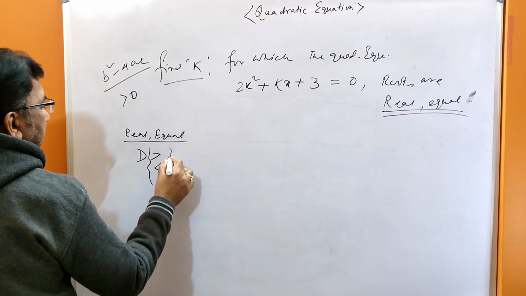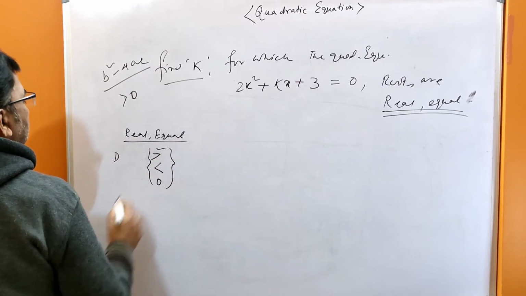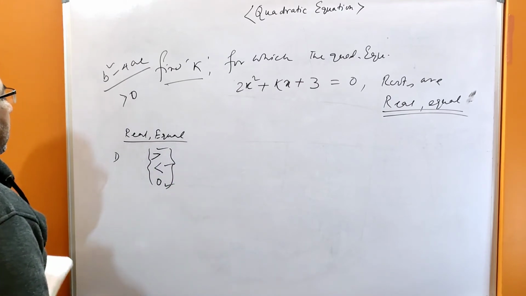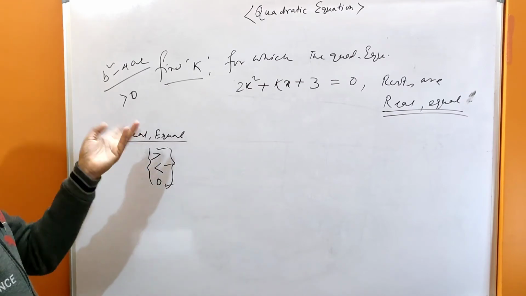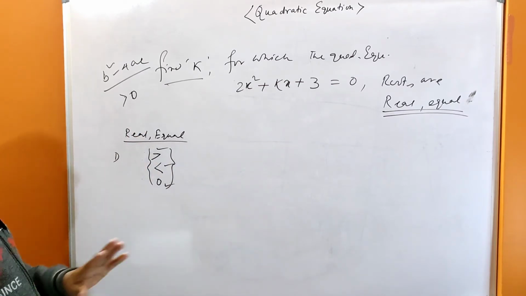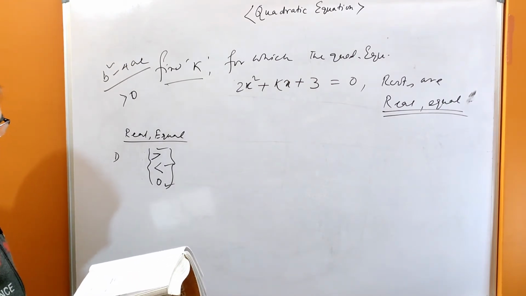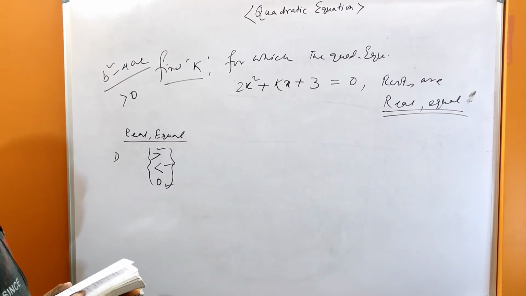You have three conditions. One condition is d greater than 0, one condition is d less than 0, one condition d equals to 0. So in case of real and equal roots, in case of real but unequal roots, and in case of no real root, that is imaginary roots will form, you have to find out. Here real and equal roots means d equals to 0.